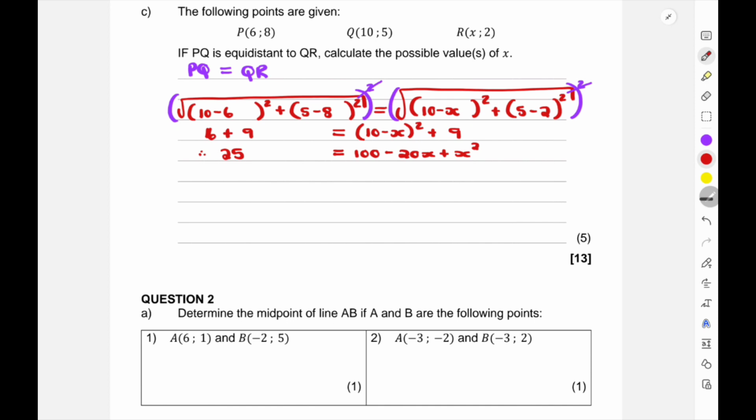So minus 10x, that's a. And don't forget about that plus 9. Okay, if you had to simplify it, I'm just going to put it in order of a trinomial. X squared minus 20x, and then 109, because it's 100 plus 9, minus 25 gives you 84.